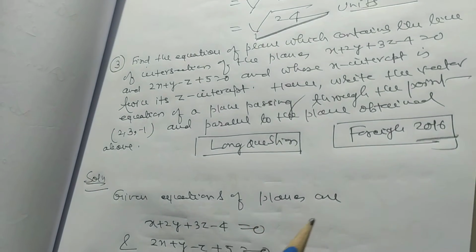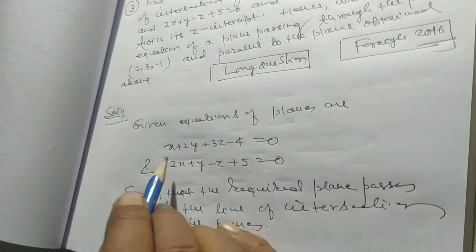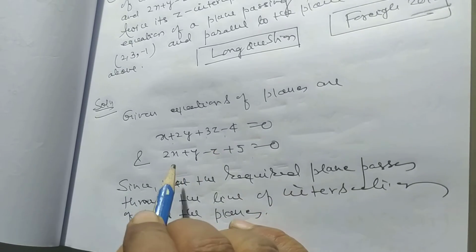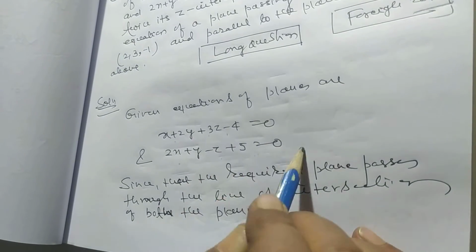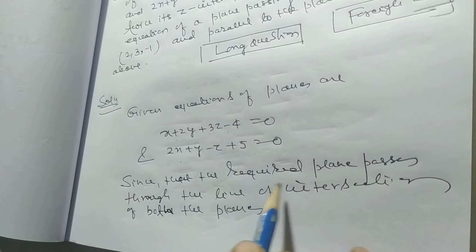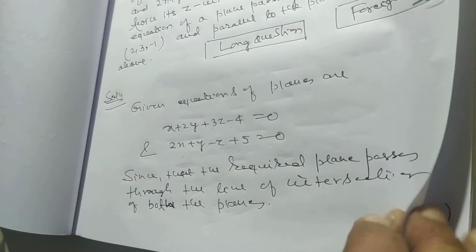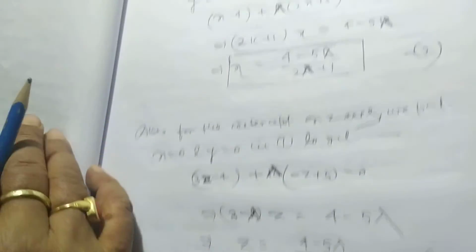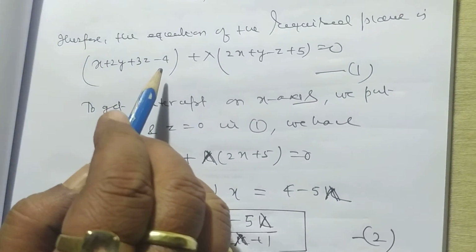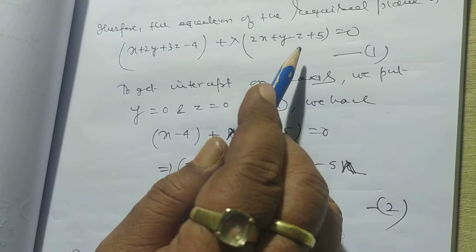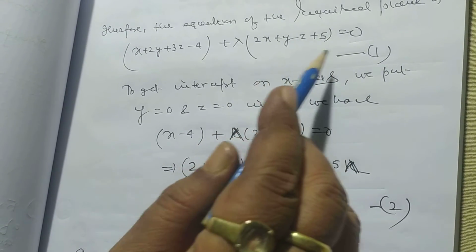The given equations of the planes are x plus 2y plus 3z minus 4 is equal to 0 and 2x plus y minus z plus 5 is equal to 0. Since the required plane passes through the line of intersection of both the planes, it will be x plus 2y plus 3z minus 4 plus lambda times (2x plus y minus z plus 5) is equal to 0.